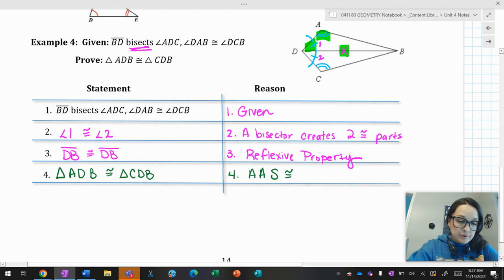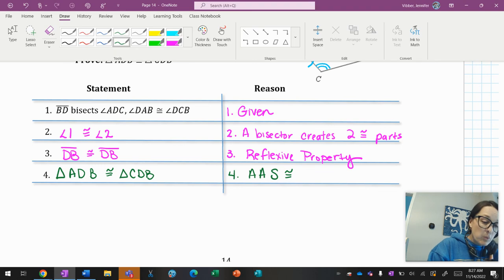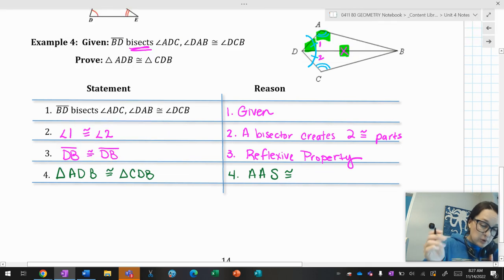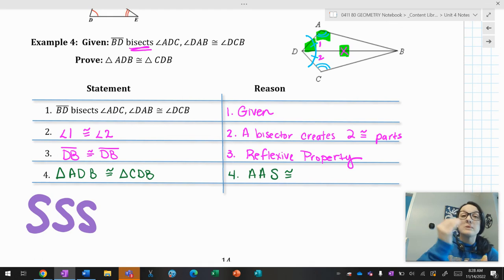Okay, so get that jotted down. And now you'll realize we have 4 separate ways to prove triangles congruent. We have SSS from the other day. So if I got done with a picture and I realized, oh, look, I've marked all 3 sides, then my last line would be that the triangles are congruent by SSS.